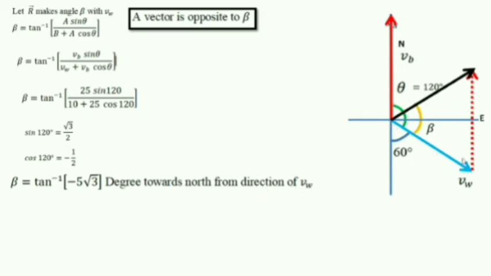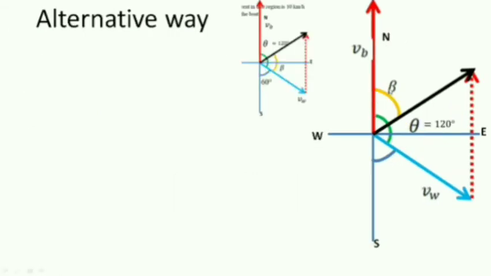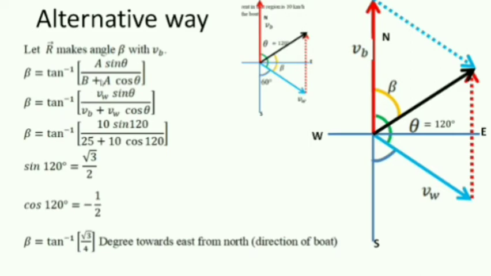So from V_W, this much angle towards the north. There is another way to find the direction of the resultant. Instead of finding this angle, you can find this angle. Here I have considered this angle to be beta. Now the vector opposite to beta will be V_W, so this time the formula will be just opposite.